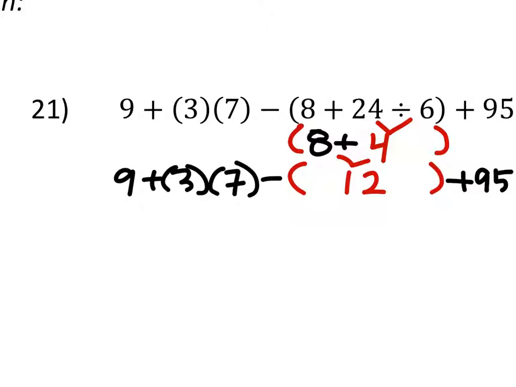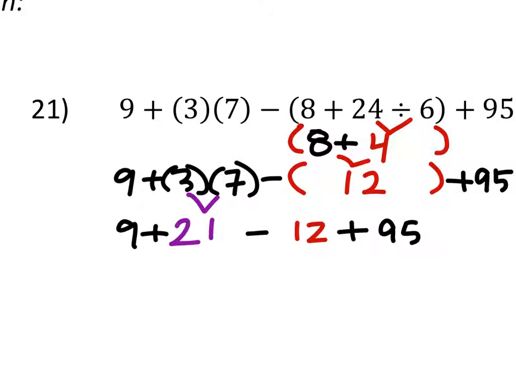So the next up, we're looking for exponents. There are none. But there is multiplication right here between the 3 and the 7. So that'll be our next step, to multiply those: 21. All right, so I do have the rest of this. Now from left to right, I'm going to do addition and subtraction because there is no other multiplication or division.